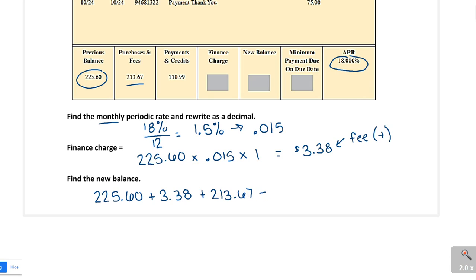And then we're going to subtract out any payments and then any credits, which we don't have any. Oh, our payments and credits are lumped together, so we're going to subtract that out. So when we add these values together and subtract out our payments and credits, we have a new balance of $331.66.